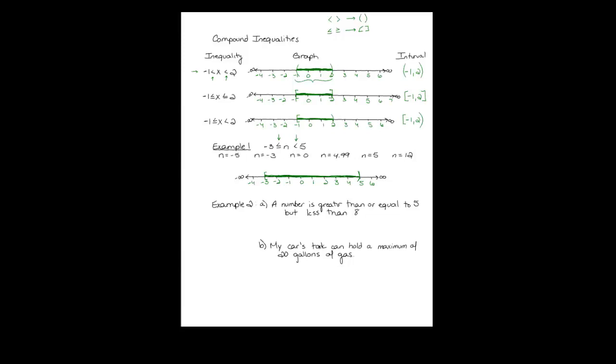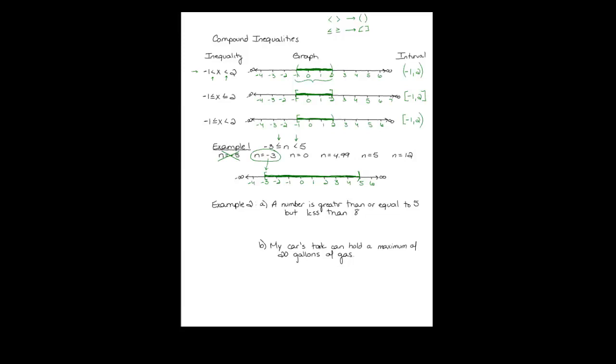All right, so now look at the values, starting with n is equal to -5. -5 is not in our interval, so -5 is not part of the solution set. If you look at the next one, n is equal to -3, -3 is included.